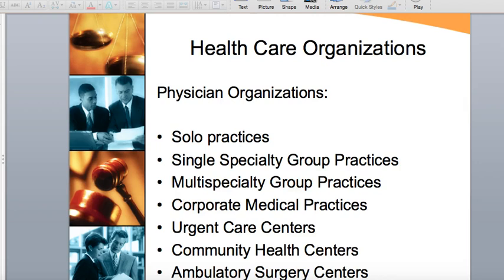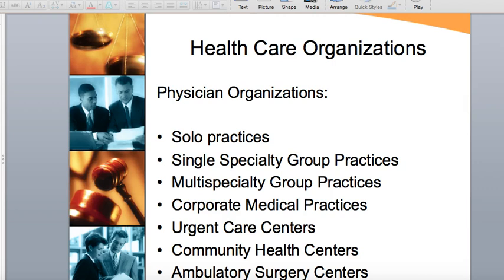There are also physician organizations, and solo practices fall under physician organizations, as do single specialty group practices and multi-specialty group practices. Single specialty is just a group of providers that focus on a single specialty and provide a service to a specific population, whereas a multi-specialty group may be different physicians or providers that specialize in different areas that make up one particular group practice.